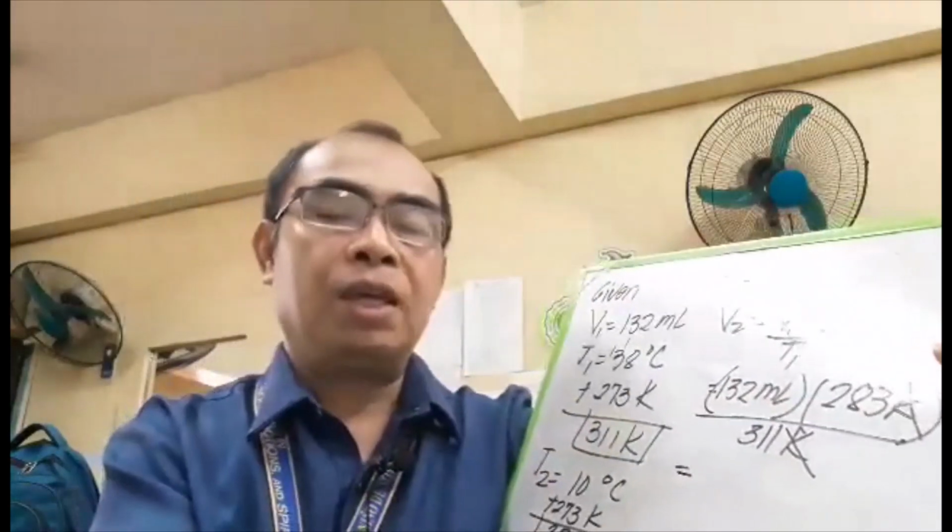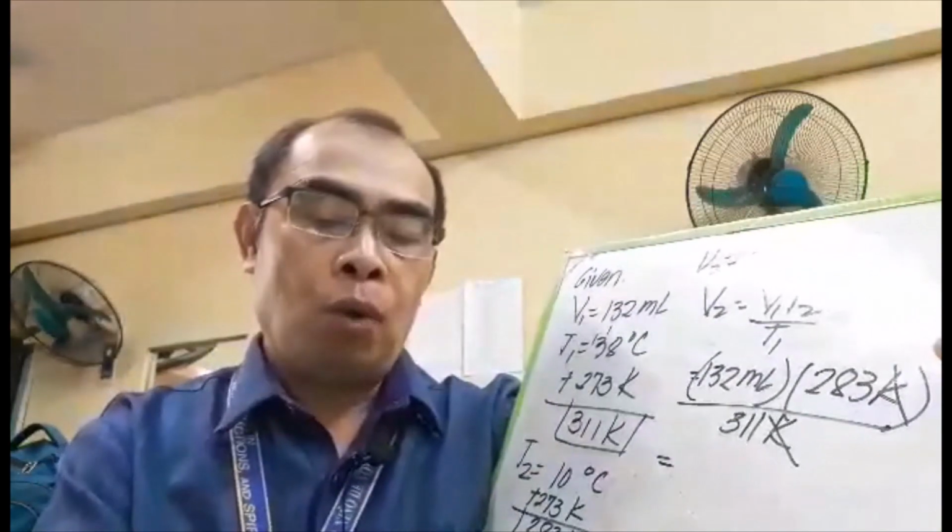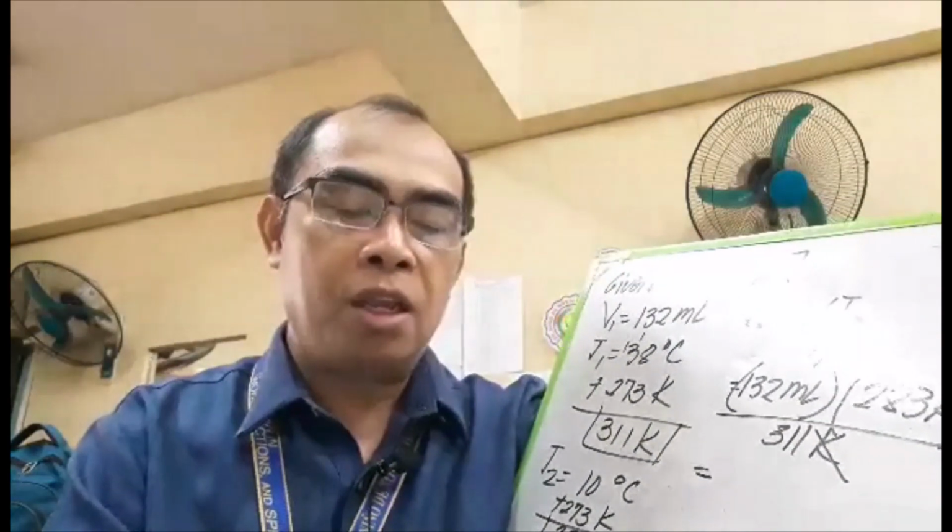So let's use the calculator. We have 132 times 283.